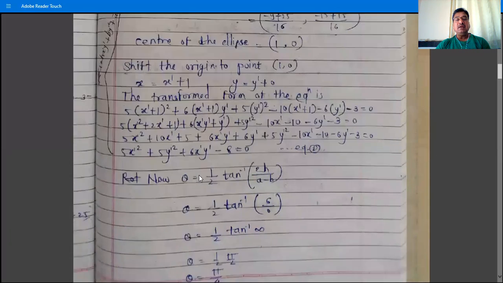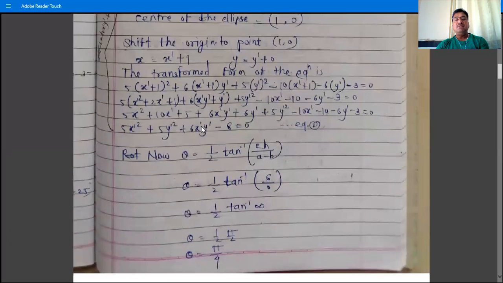y. Okay, so now in order to remove the product term x dash y dash, we rotate the axis through an angle theta is equal to 1/2 tan inverse 2h divided by a minus b. Because the equation of an ellipse in the standard form is what? x square by a square plus y square by b square is equal to 1.